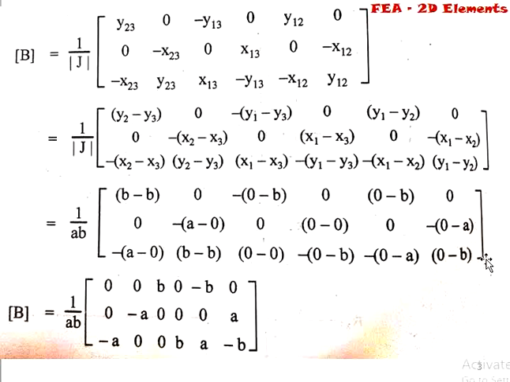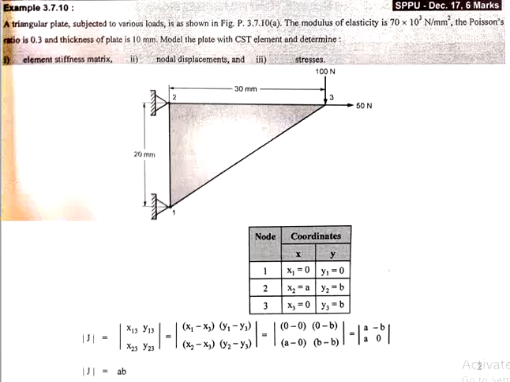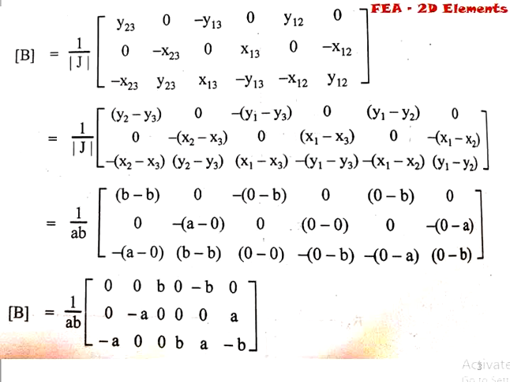Here it is written in terms of A and B, you can directly put values of A and B also. So we will get the matrix directly in numerical form. No need to write in generalized form A and B and then put values. So directly you can put the respective values. We'll get B. Previously we calculated J, B.